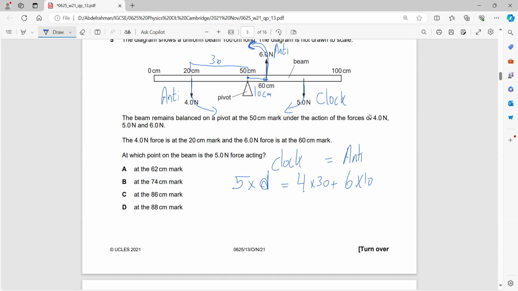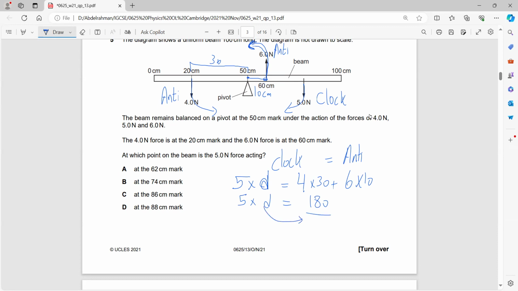6 times 10. Can I solve for the distance? Yes, I can solve for the distance. 4 times 30 is 120 plus 60, which would be 180. So d times 5 is 180. How can I find the distance?